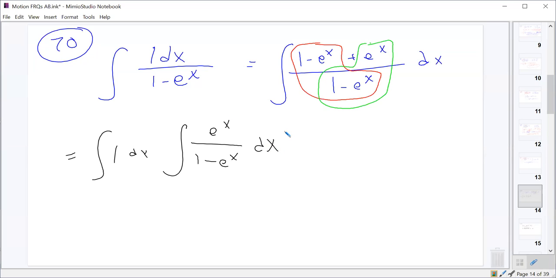First part of that's easy, right? How am I going to deal with e to the x over 1 minus e to the x? What u sub do you want to do? So if u is 1 minus e to the x, what is du?